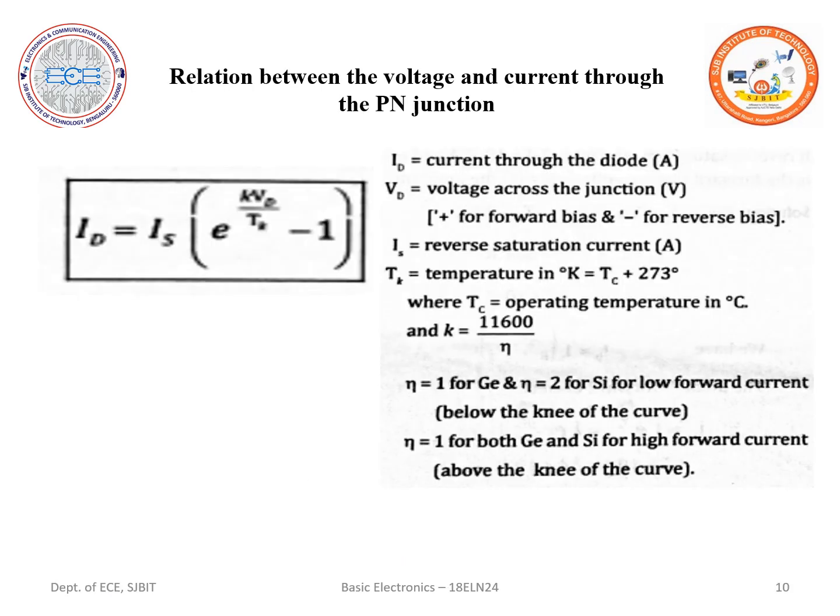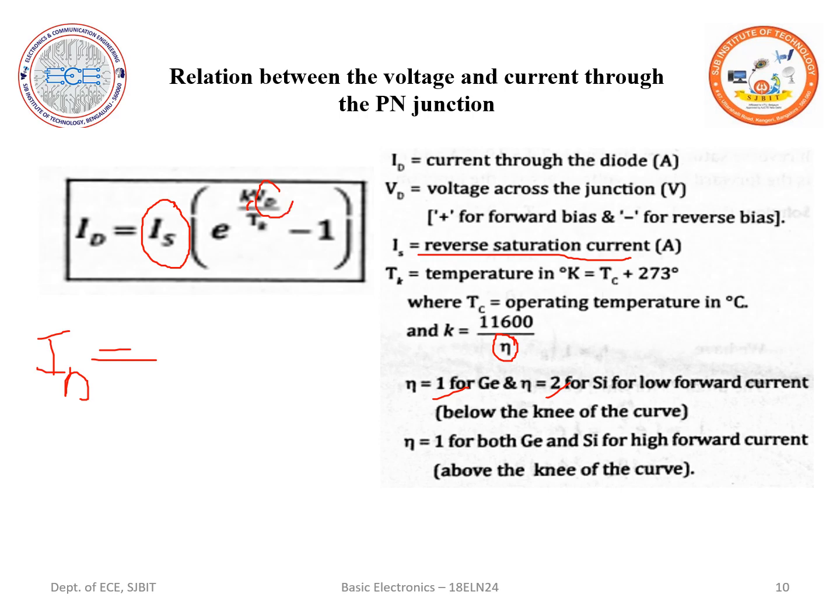Now, after studying the reverse bias characteristic, let us go for the relationship between the voltage and the current through the PN junction. I can represent the forward current ID or IF as equal to IS, which is my reverse saturation current, K, which is my Boltzmann constant, that is 11,600 by eta, where eta is equal to 1 for germanium and 2 for silicon.